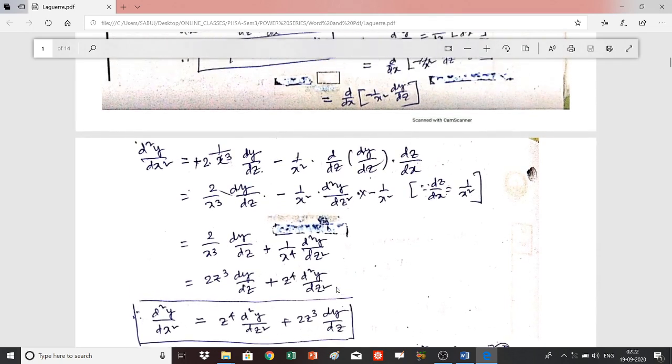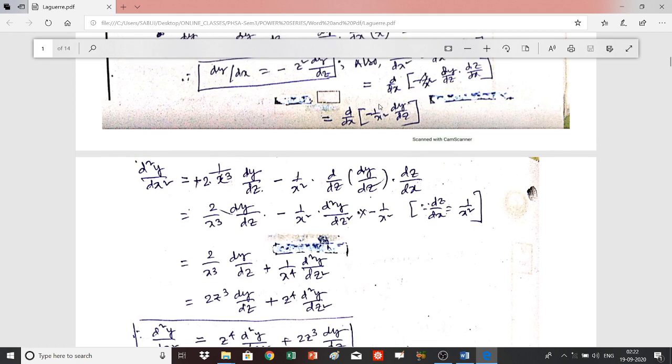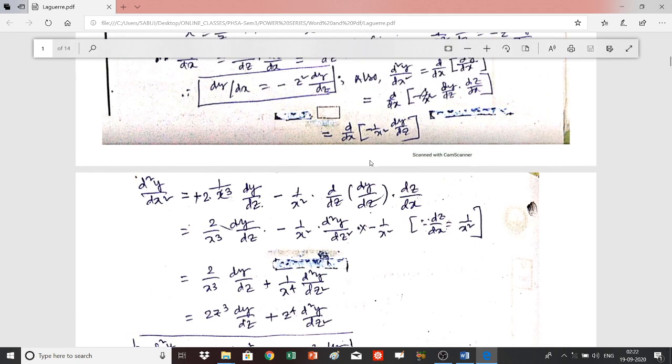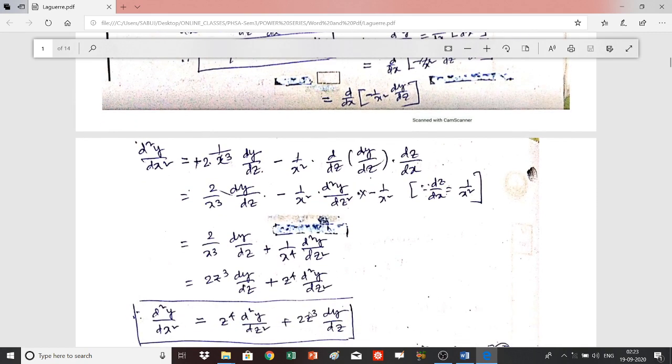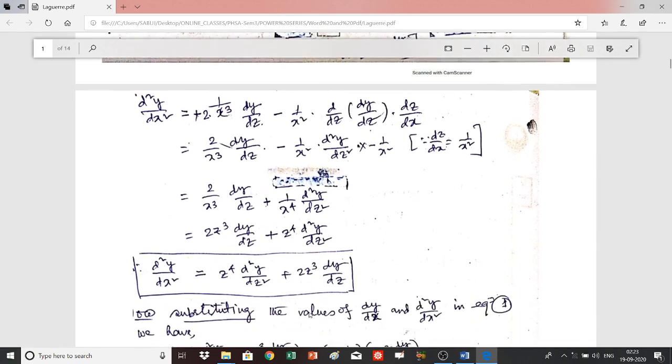Just concentrate on these few lines, go through all these expressions, and it will be very easy to understand that d2y/dx² is equal to z⁴ d2y/dz² plus 2z³ dy/dz. So our next job is to substitute the values of y, dy/dx and d2y/dx².